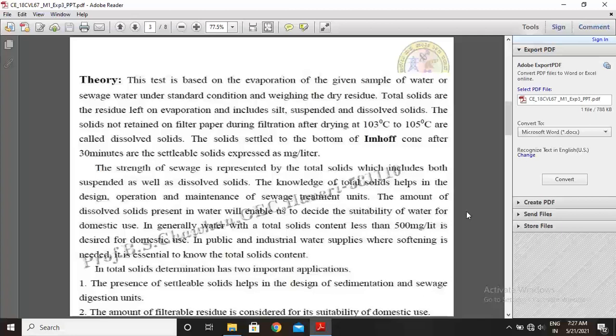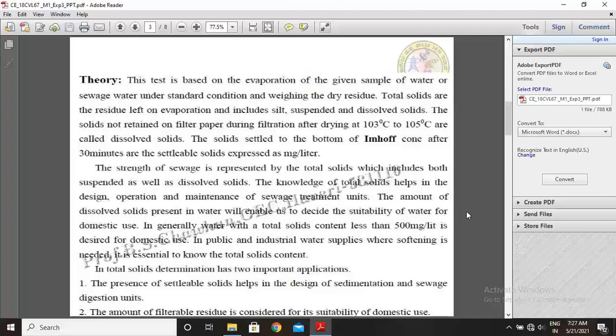Total solids are the residue left on evaporation and include silt, suspended and dissolved solids. The solids not retained on filter paper during filtration after drying at 103 to 105 degrees centigrade are called dissolved solids.